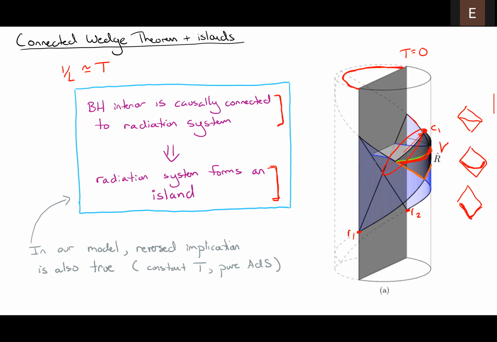And maybe I'll also comment that in the particular solutions I studied here, where we have a constant tension brane and pure AdS, the theorem actually goes in both directions. So this light ray attaches to the radiation system exactly when the entanglement wedge of V connects to the brane, and that's for all constant tension.